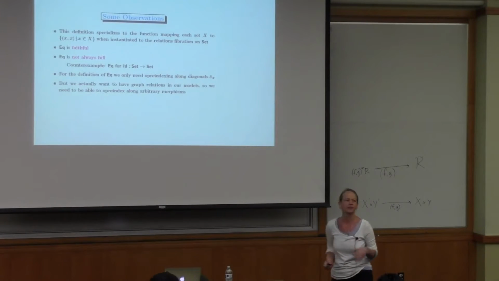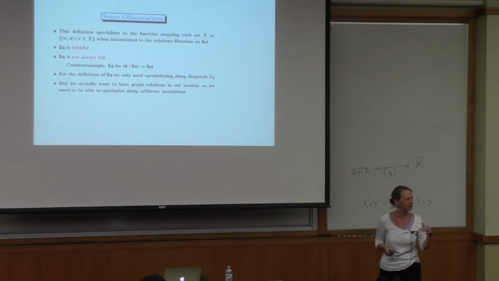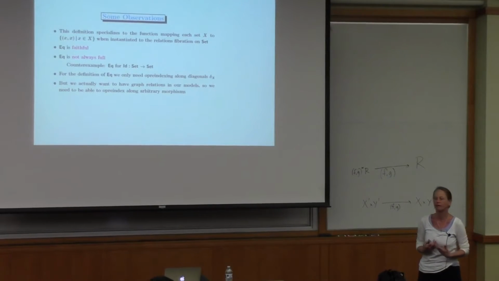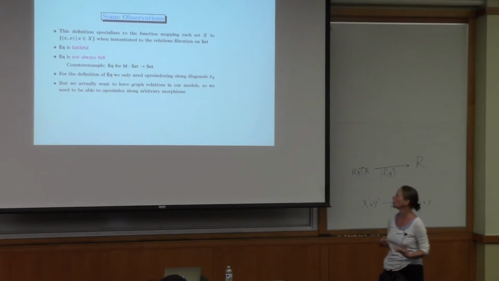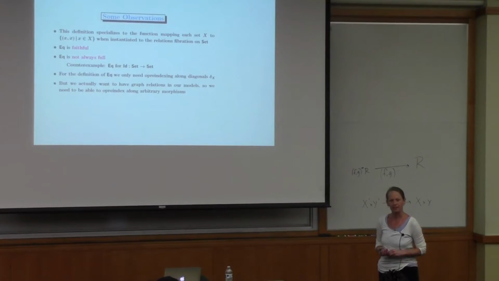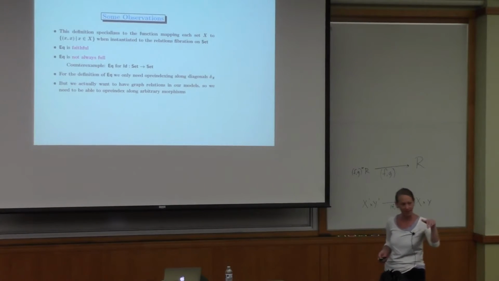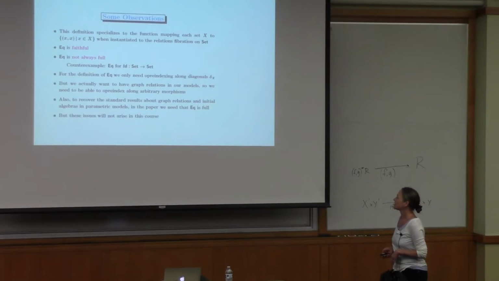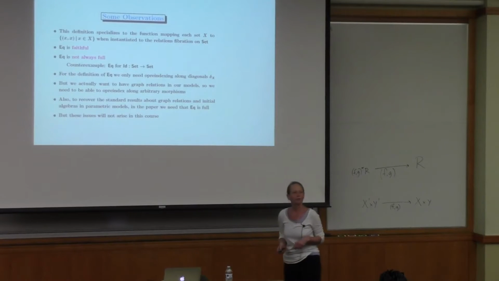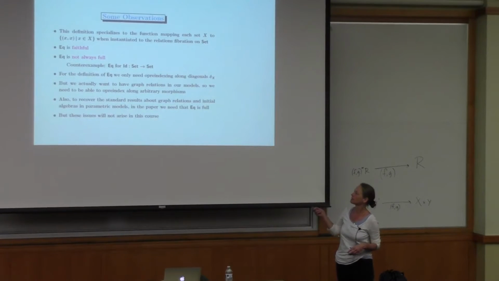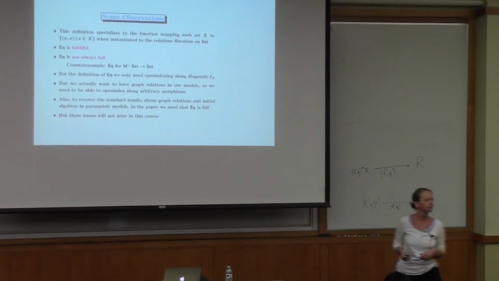But in order to look at these litmus test properties that I mentioned before for what makes a good model, it turns out to be very handy to have the ability to a priori index along other morphisms as well. So we're just assuming we can a priori index. We always have Cartesian maps for any map. And these issues aren't going to arise in the course, because the course is too short. But I want this here in case you decide to have a look at the slides later. You've got some signposts.